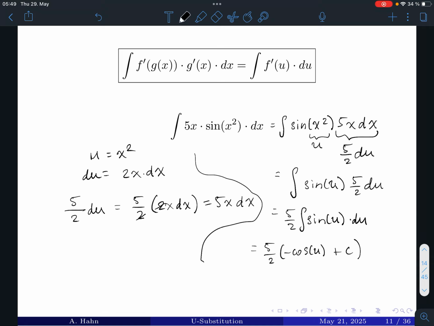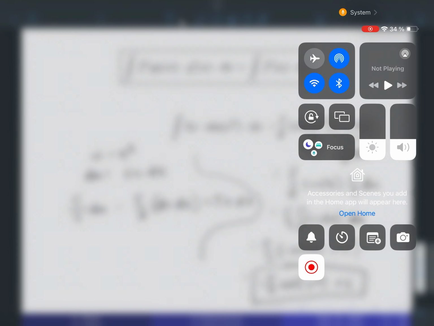And then we can multiply through and add in our u. So then this is going to be negative 5 over 2 cosine of x squared plus c. There you go. That's your answer.